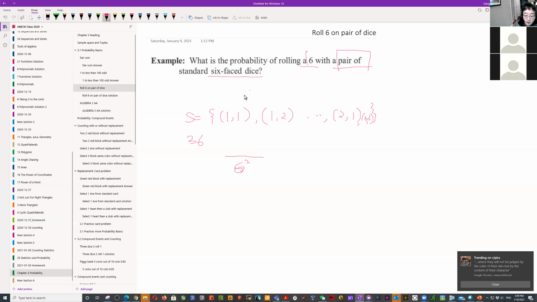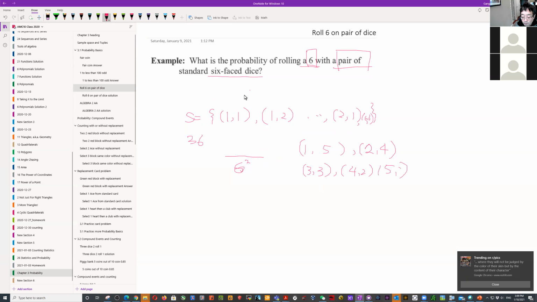Then, roll a 6. Basically you have several ways to roll a 6. You can roll 1 and 5, you can roll 2 and 4, you can roll 3 and 3, you can roll 4 and 2, you can roll 5 and 1.